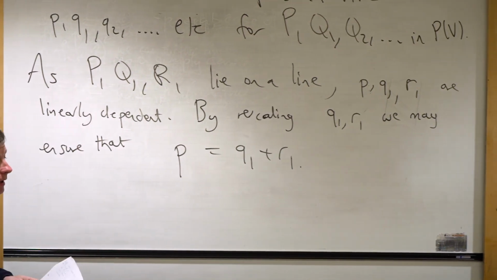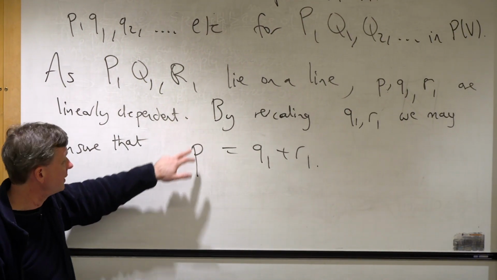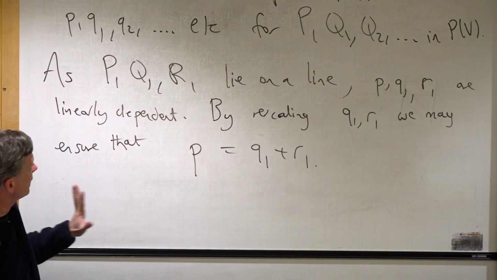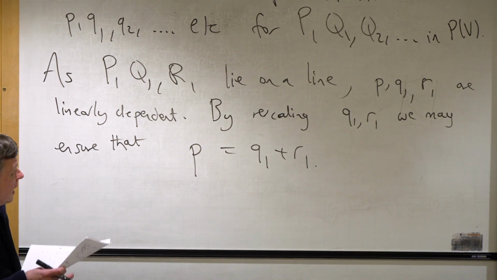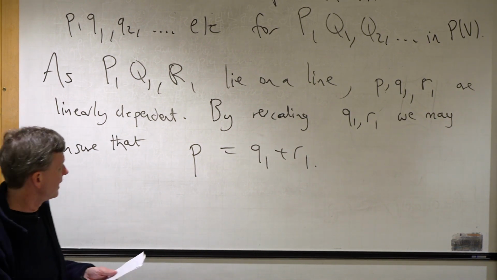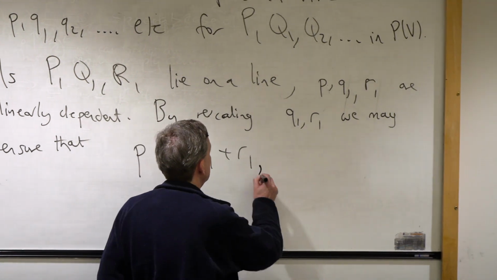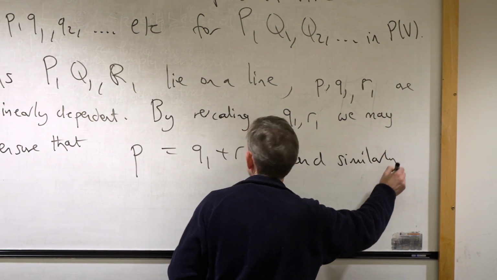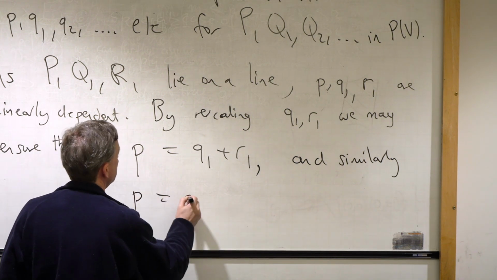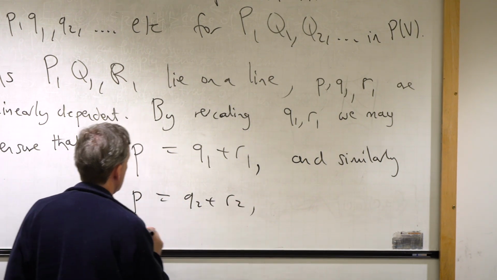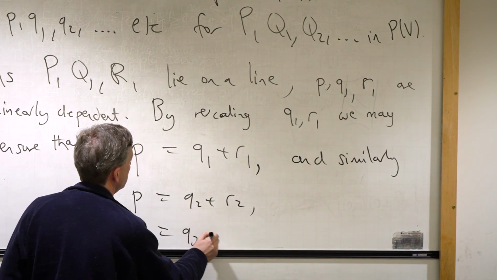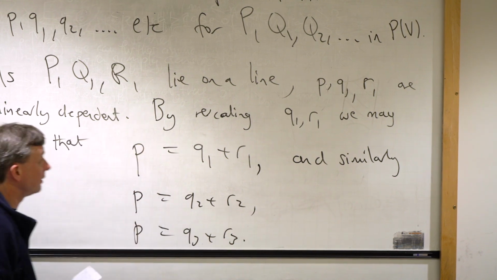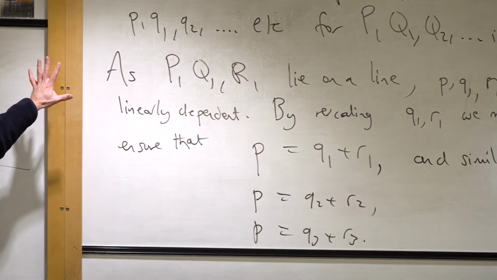But I've chosen not to rescale p because I'm going to do the same thing several times, and I don't want to. So similarly, p is q2 plus r2, and p is q3 plus r3. So I'm taking my initial choice of p to be fixed.